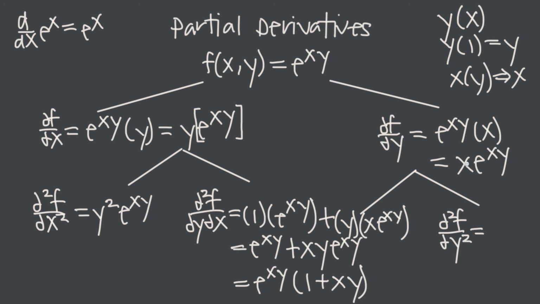So then we're just taking the derivative of e to the xy with respect to y, which again, we already did here. So the derivative of this portion we know is xe to the xy, but we still have this x hanging out in front, so we have to include it too, and we can say that the second derivative is then x squared, e to the xy.